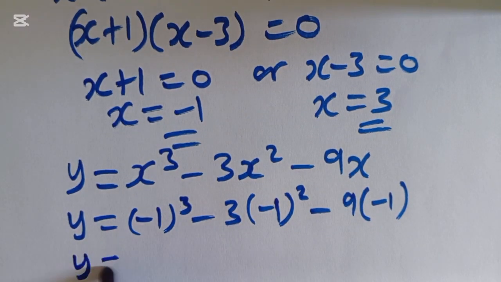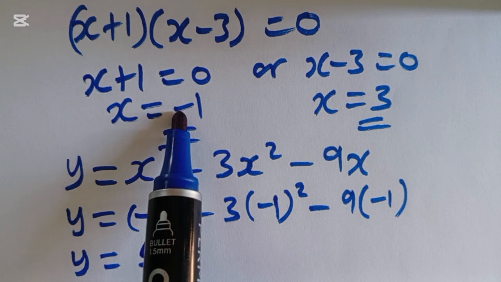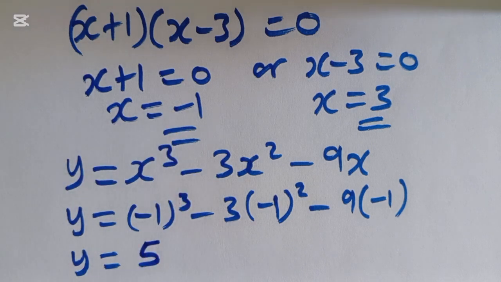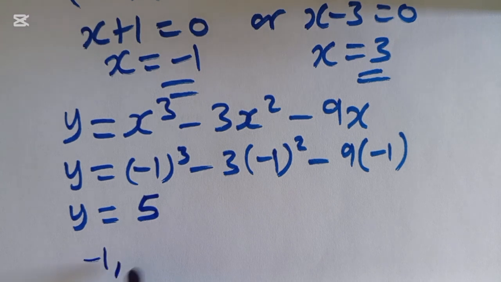So y is equal to positive 5. So when x is negative 1, y is 5. So the coordinate is going to be negative 1, comma 5.